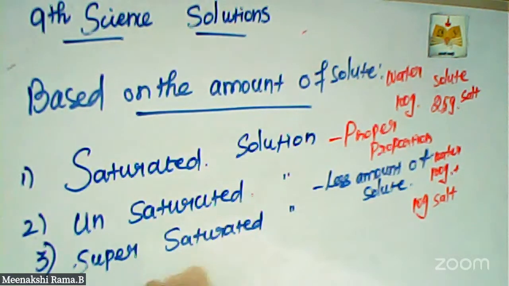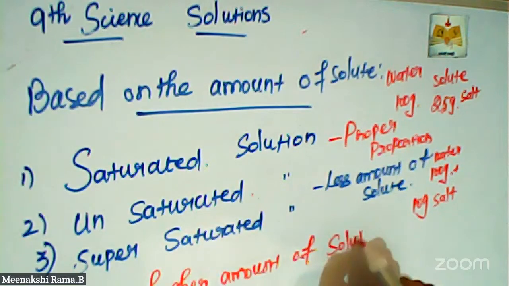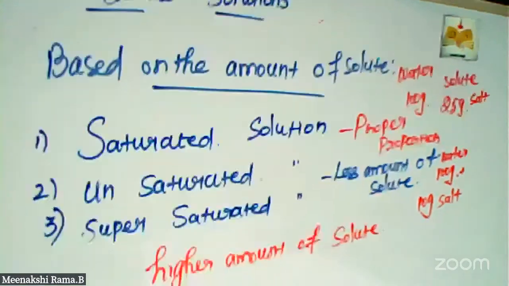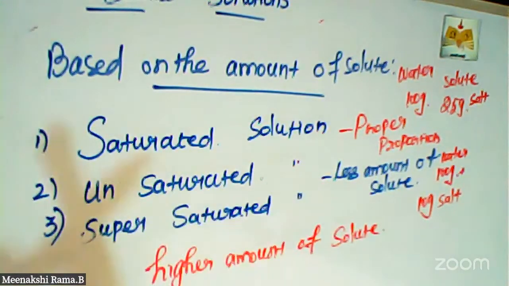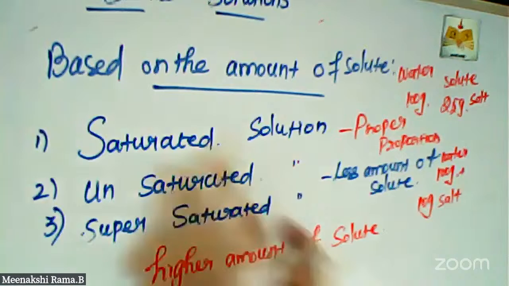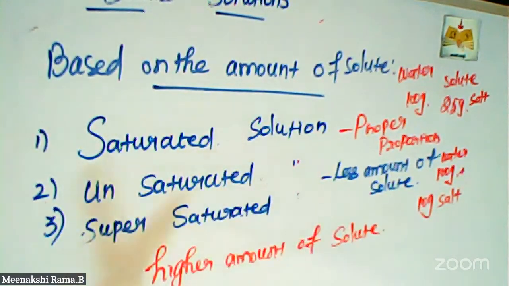A supersaturated solution means a higher amount of solute compared to the saturated solution. When a higher amount of solute is added to the solvent, the solution is called supersaturated.